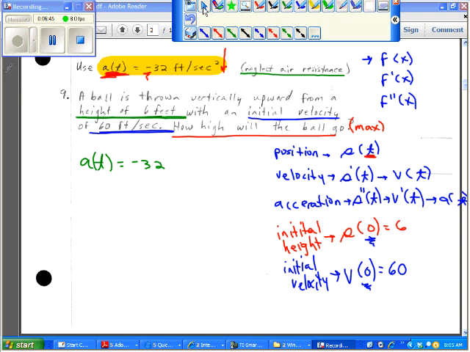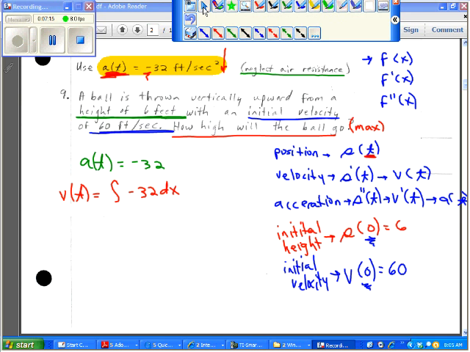then we could take the integral, right? The velocity function would be the integral of the acceleration function. Because acceleration is the derivative of velocity, then velocity would be the integral of acceleration. I'm trying to say all this correctly.